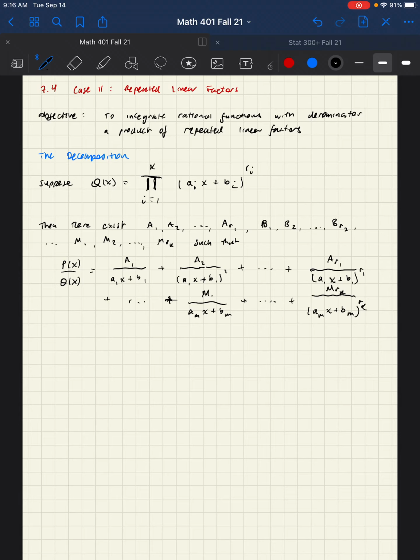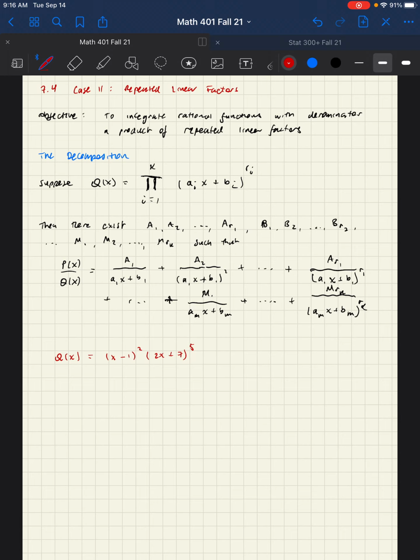What does this look like in practicality? So let's think about something like q of x equals x minus 1 squared times 2x plus 7 to the 5th power.